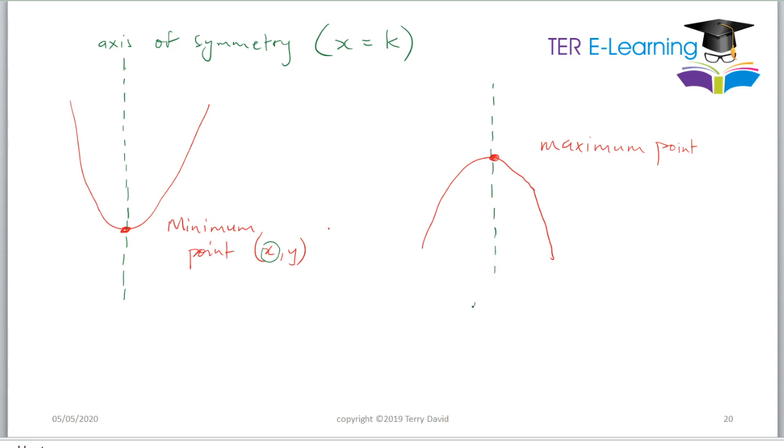So this here is my axis of symmetry. And again, the axis of symmetry is written as x equal to some number, and my maximum point is written as a coordinate. It's going to have an x value and a y value. All right? So, do you all understand what a maximum point, a minimum point, and the axis of symmetry are?